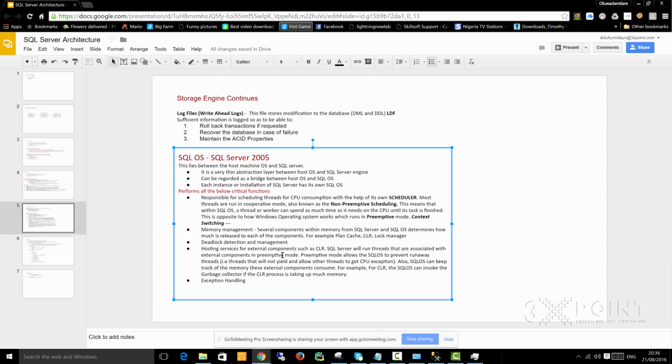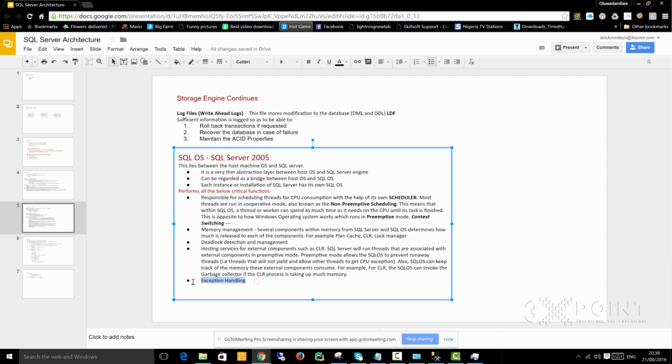So SQL OS is the functionality that helps us have all these external procedure calls happen. And given the example I gave before, it can ignite the garbage collector to manage the whole memory thing. It also does exception handling.